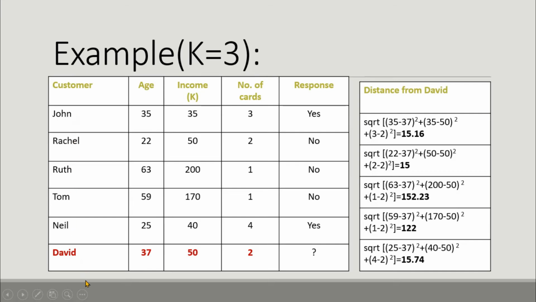So let's find the distance from David to John. The age of David is 37 and the age of John is 35. So their difference will be whole square.